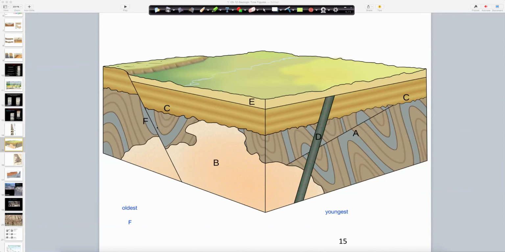So we have F, and then we have A, because A is being cut across by B, and it's cutting across F. Oh wait, F is the fault. I don't think they gave the metamorphic rock a letter, so we're just going to call it M. M is this right here.